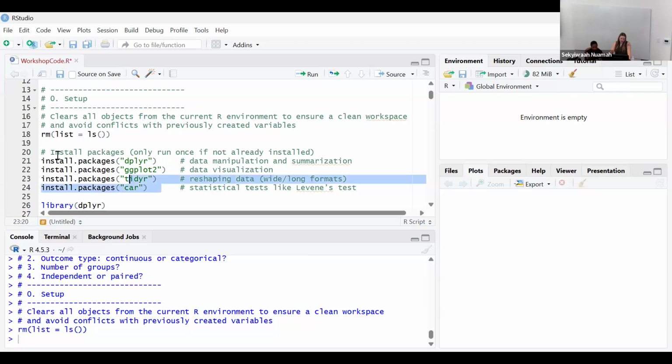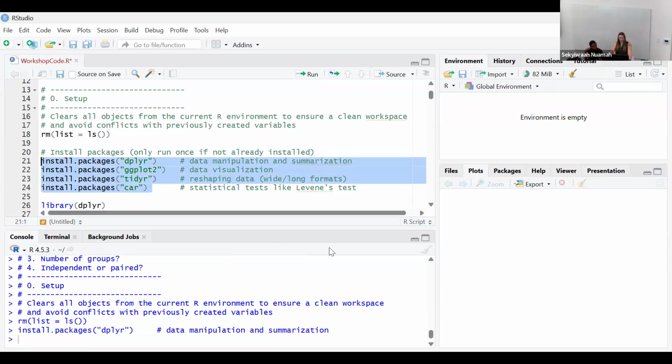And then all of these packages here are what we're going to use throughout this code. Each of the packages has its own purpose, so that's what all these little comments are. We'll go ahead and run all of these, and you only have to run it once.